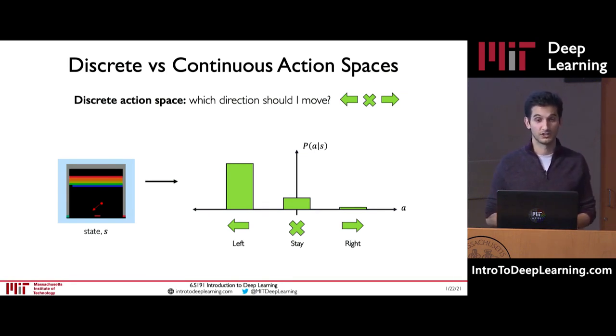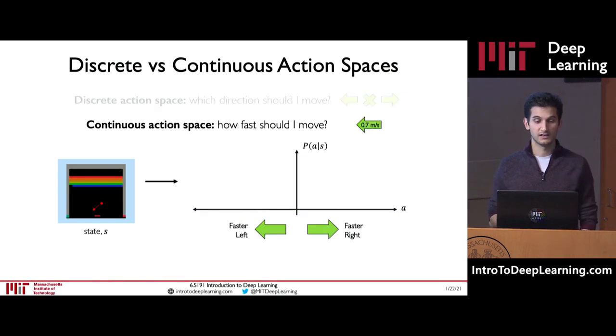Maybe instead of saying, OK, my actions are I go left, I go right, or I stay, that's it, now let's say I can have a continuous spectrum of actions, which is actually an infinite set of actions, ranging from I want to go really, really fast to the right, to really, really slow to the right, to really, really slow to the left, or really, really fast to the left. So it's this full spectrum of speeds that you want to move in this axis. Instead of saying which direction should I move, which is a classification problem, now I want to say how fast should I move.